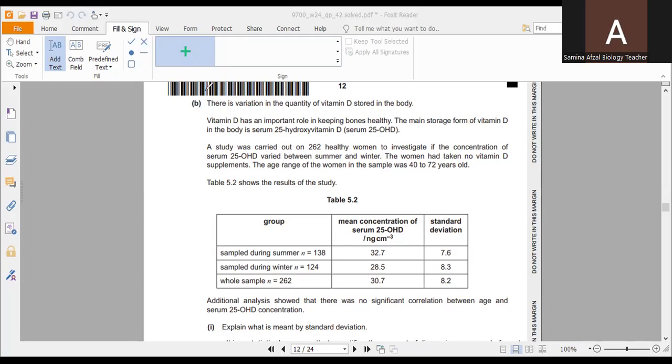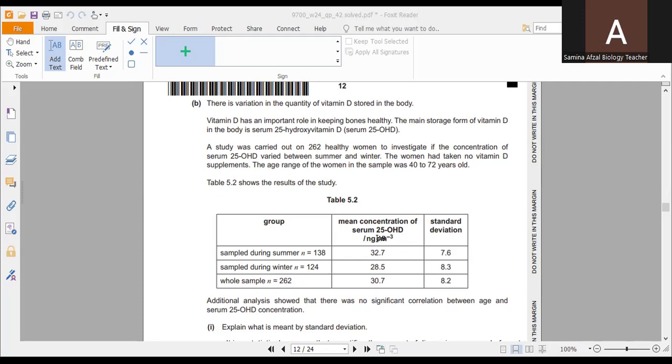So table 5.2 shows the results of the study. You can see the sample during summer is N, the value N, 138. So the sample during winter, N is equal to 124. So N1 is 138, N2 is 124. So the whole sample is the total of this, that is 262.